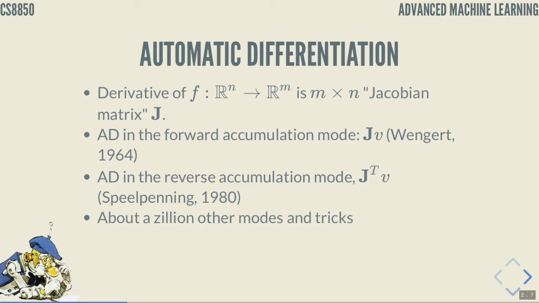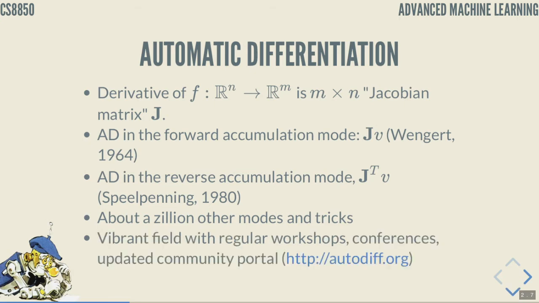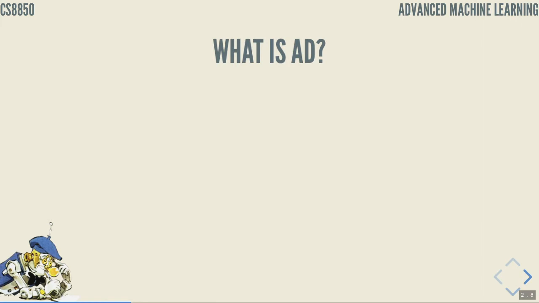Also, about a zillion other modes and tricks exist for algorithmic differentiation. It's a vibrant field with regular workshops, conferences, and a community portal, AutoDiff. You can check it out for yourself. I will get you interested. So, what is AD?